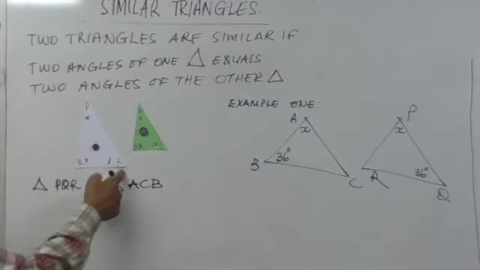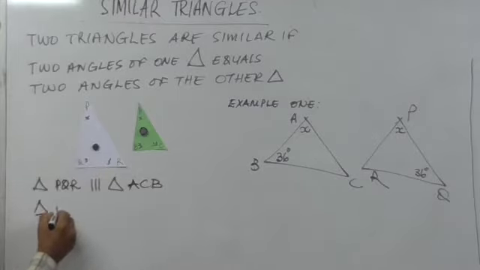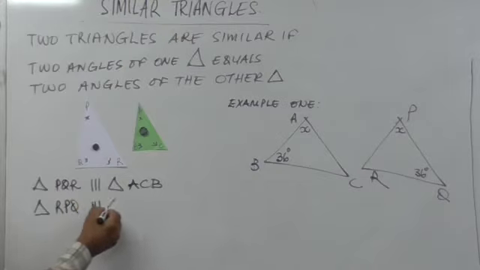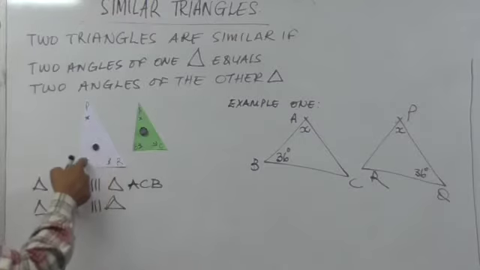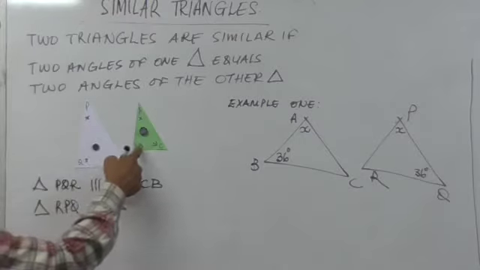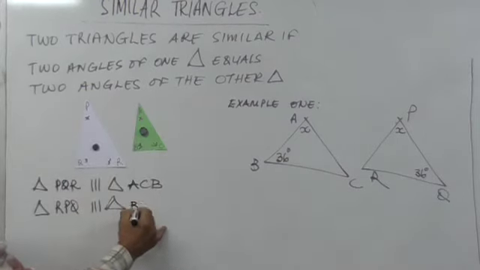Somebody else might start here. They may say RPQ. Triangle RPQ is similar to triangle. Now, when this person said RPQ, he went ZXY. So you must go ZXY here, which will be BAC.